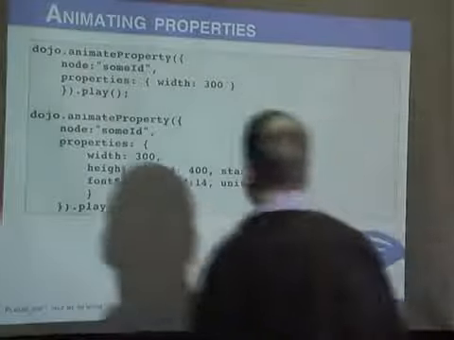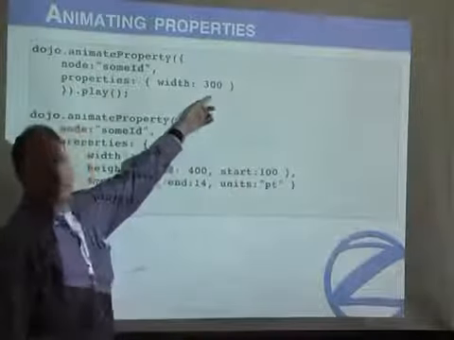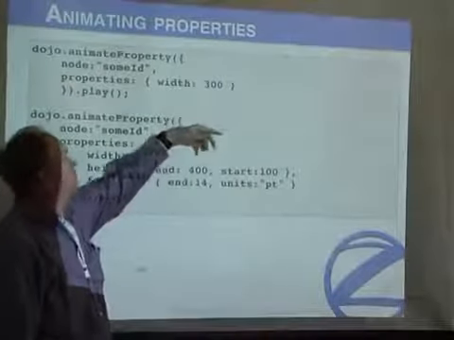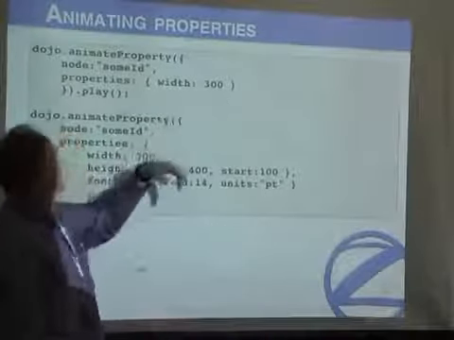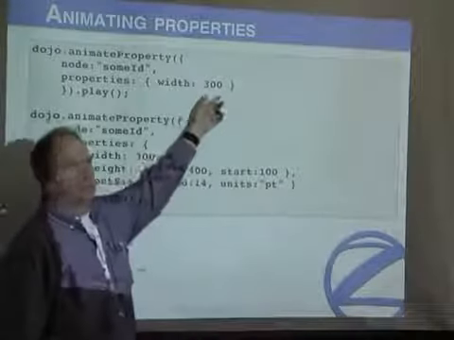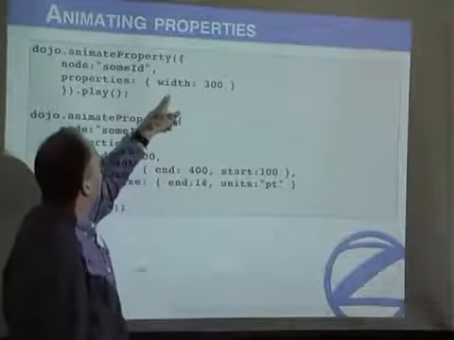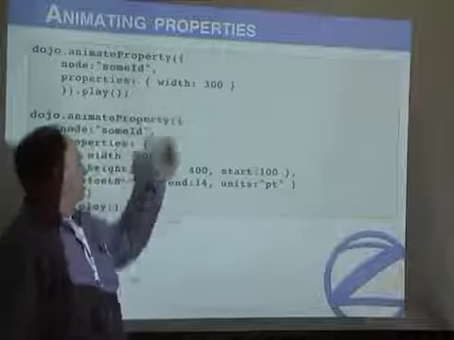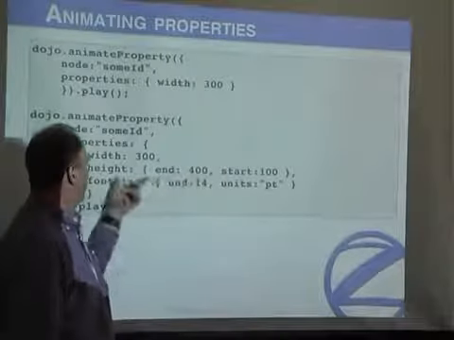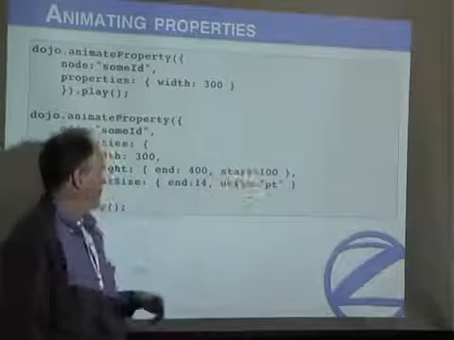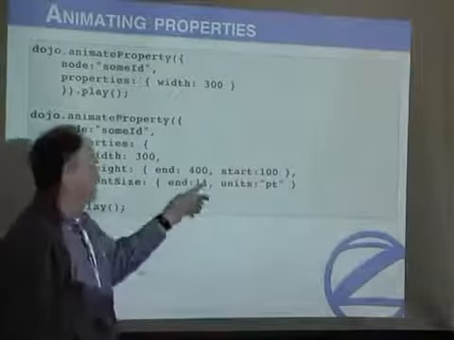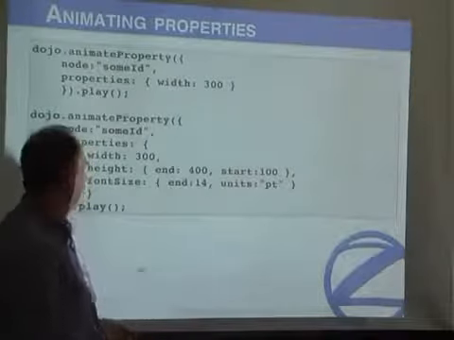So here you say make the width 300 pixels. That's wrong, it should be units, isn't it? Maybe it assumes units, I don't remember. From whatever it is now, and here we say change the height from 100 to 400, and change the font size to 14 point from wherever it is now.